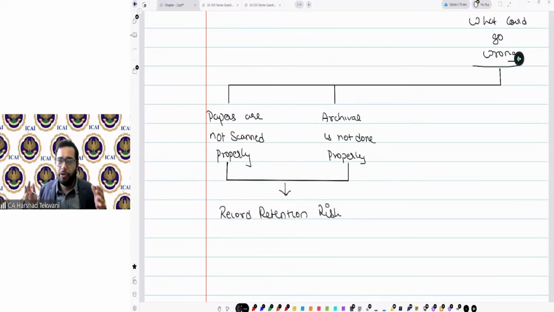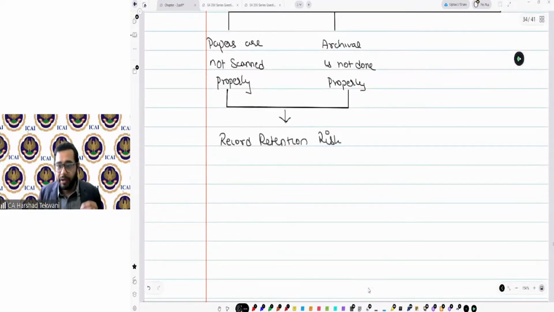That is, the records might not be retained appropriately. If I need to retain records for 8 years, there could be a scenario where I have not retained the records for 8 years. Record retention risk.